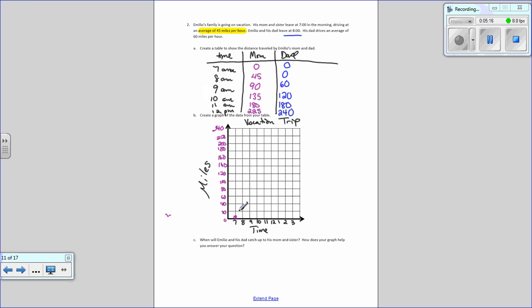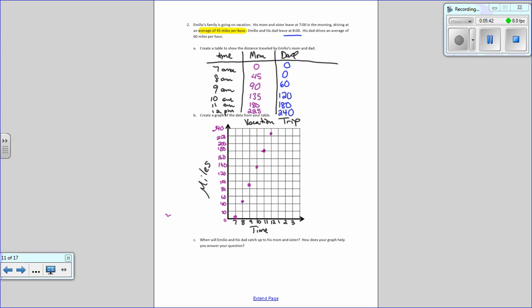They're still at home. At 8 a.m. they are at 45. At 9 a.m. they are at 90. At 10 a.m. they're at 135. At 11 a.m. they're at 180. And at noon they're up at 225.